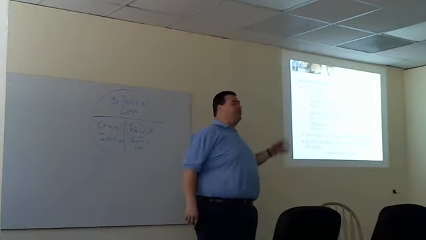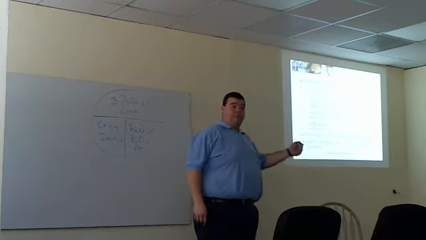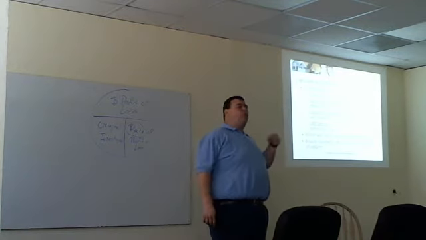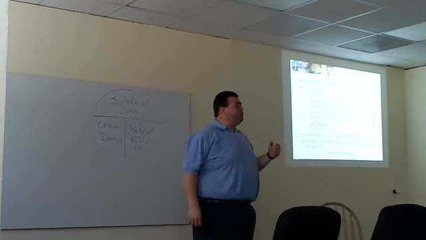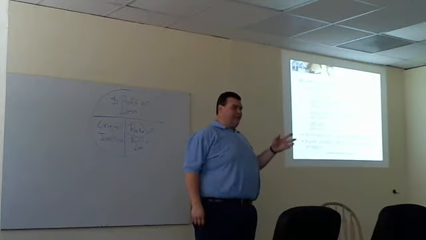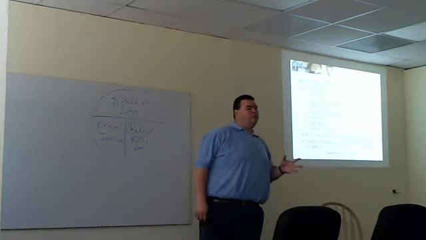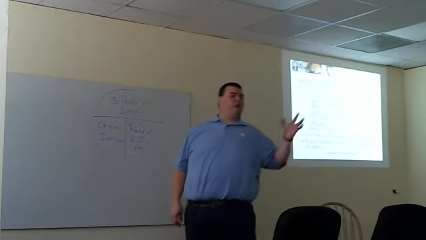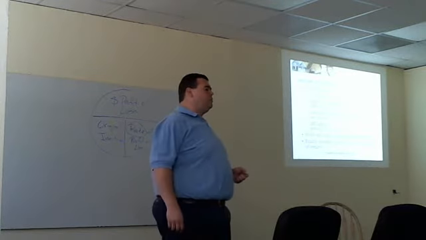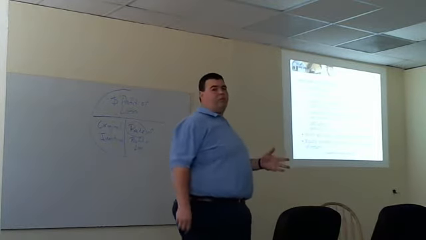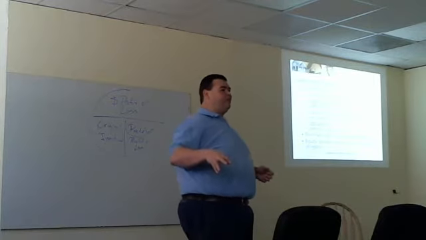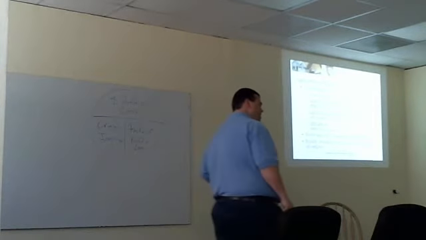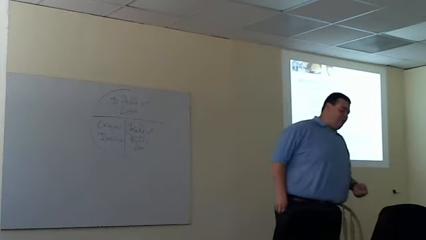Equity is always the difference between what you owe on the property and what it's worth. Write that definition down. And if you didn't write it down, we're recording it anyway, so you can rewatch it.